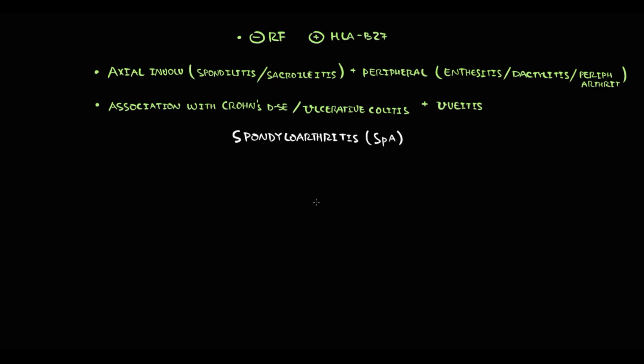So, simply speaking, persons with spondyloarthropathy have a higher chance to have ulcerative colitis or uveitis compared to the general population, and persons with Crohn's disease, for example, have a higher chance to be affected by ankylosing spondylitis compared to the general population.